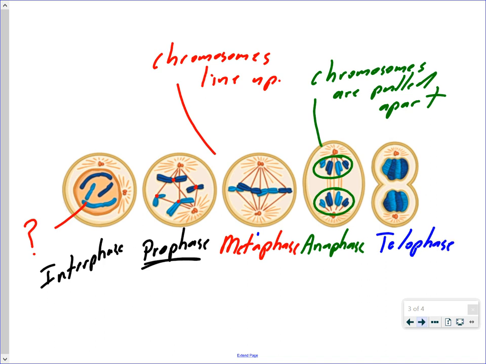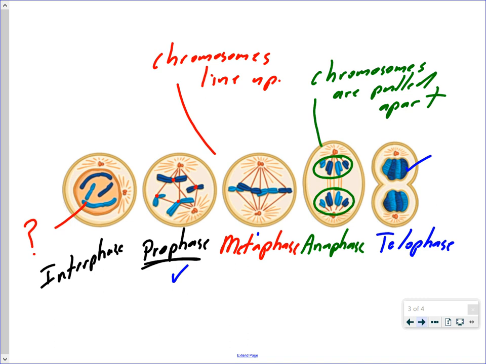And during telophase, we're kind of reversing some of the events that took place over in prophase. So what happened in prophase? The nuclear membrane disappeared. What's going to happen in telophase? The nuclear membrane is going to reform. We have the chromosomes that are now at the poles. We see that. So with anaphase, they're moving toward the pole.